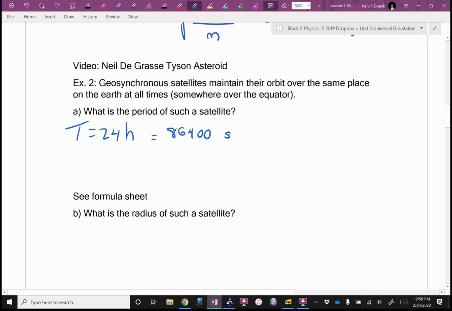And then I think I mentioned to you, if you look at your formula sheet, the formula sheet says the period of the Earth is 86,100 seconds. And I mentioned it depends on what you mean by Earth's rotation. If the Earth is just rotating on its own axis all the way, that's 86,100 seconds.